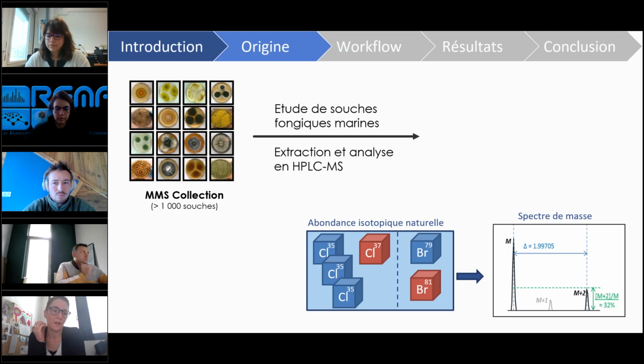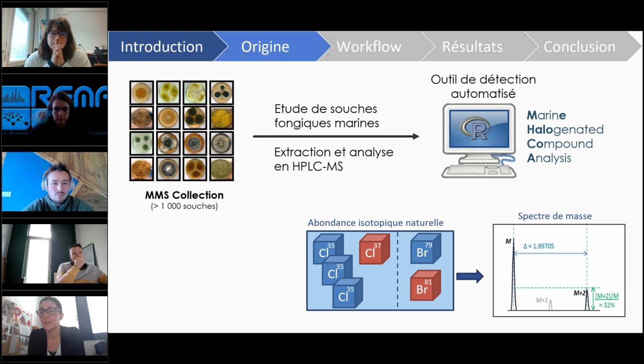If you have this type of specific mass spectrum, you can deduce the molecule contains a chlorine or bromine, or sometimes even both. So we developed an automated script in R, and the idea was that from our HPLC-MS data, we could find out which spectra had this specific pattern.